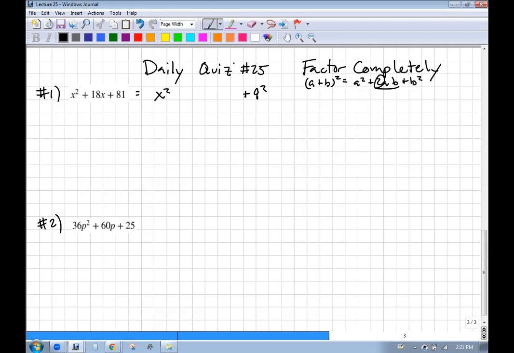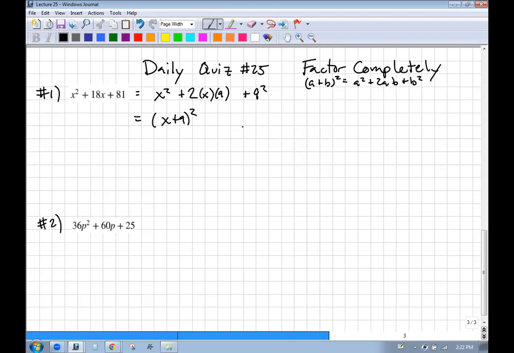So it has a 2, an A, and a B, right? So we put a 2. What is our A here? Our A is x, and our B is 9. So does this equal this? 2 times 9 is 18, times x is 18x. Yes, it does. So because this fits, this is a perfect square. We can just say, okay, this is x plus 9 squared.